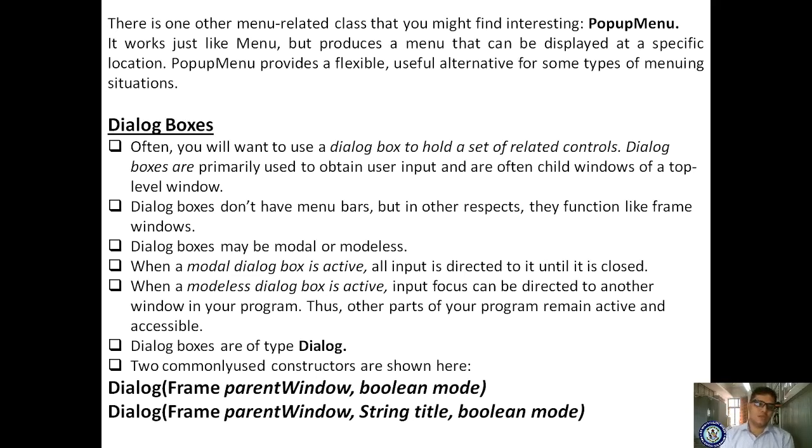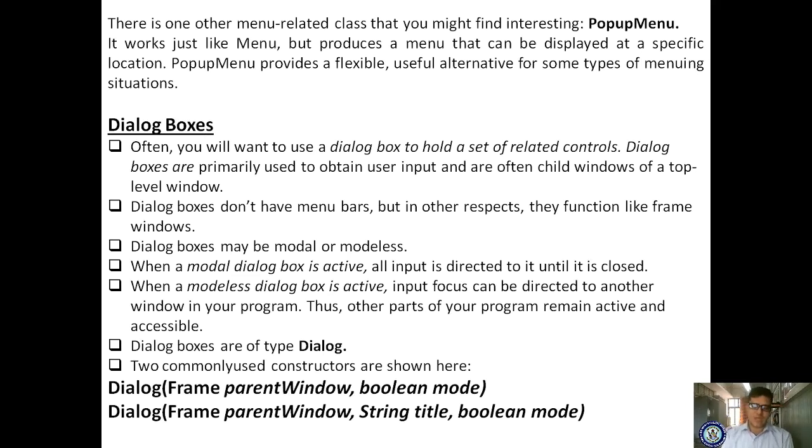Automatically this modeless dialog box redirects whatever operation you are supposed to do to another window of the program. Thus other parts of your program remain active and accessible. Other menus or submenus or whatever you are using will be active, and you can make use of that modeless dialog box.